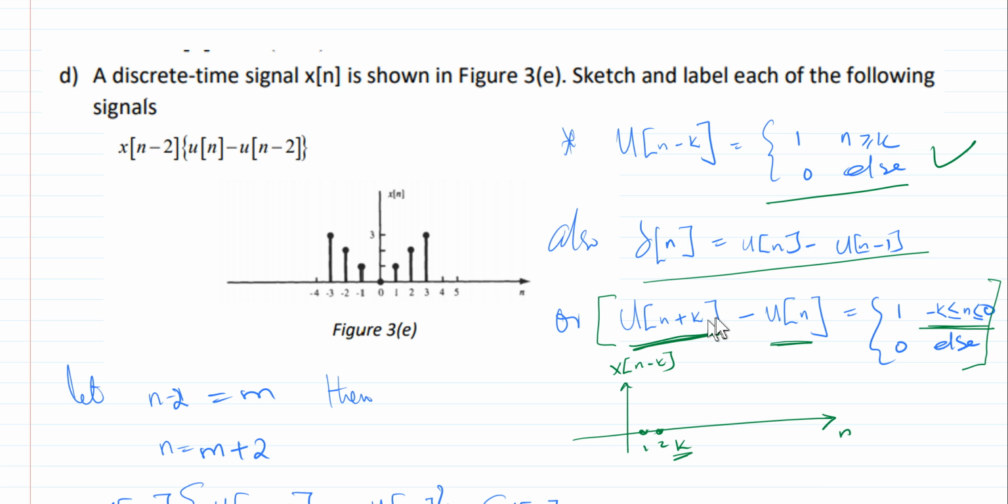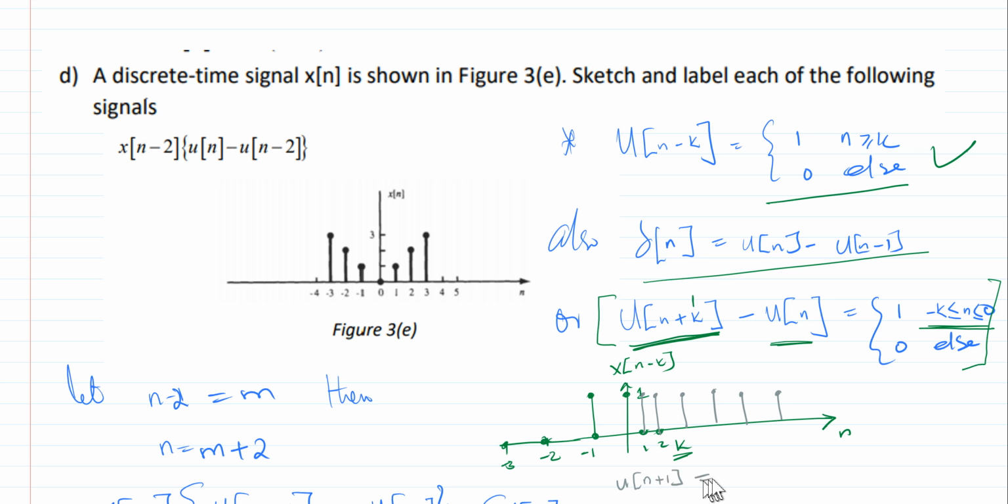Let's assume for once that k is equal to 1. So I've just drawn this; this is how u of n plus 1 would look.